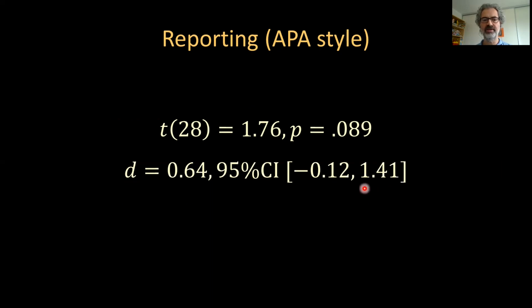So zero is within this range. And that's why our test is not statistically significant. The difference between these two means is not statistically significant because the confidence interval for the effect size includes zero. So it's compatible with zero effect.